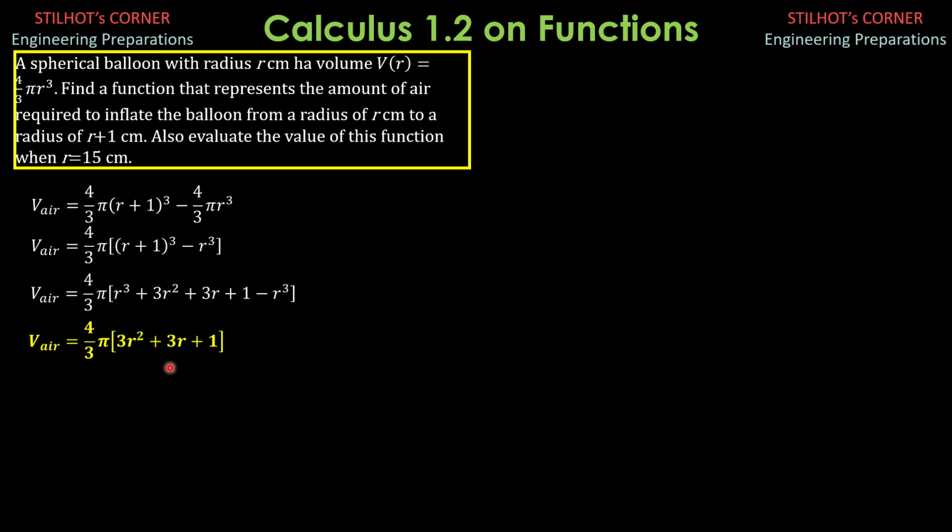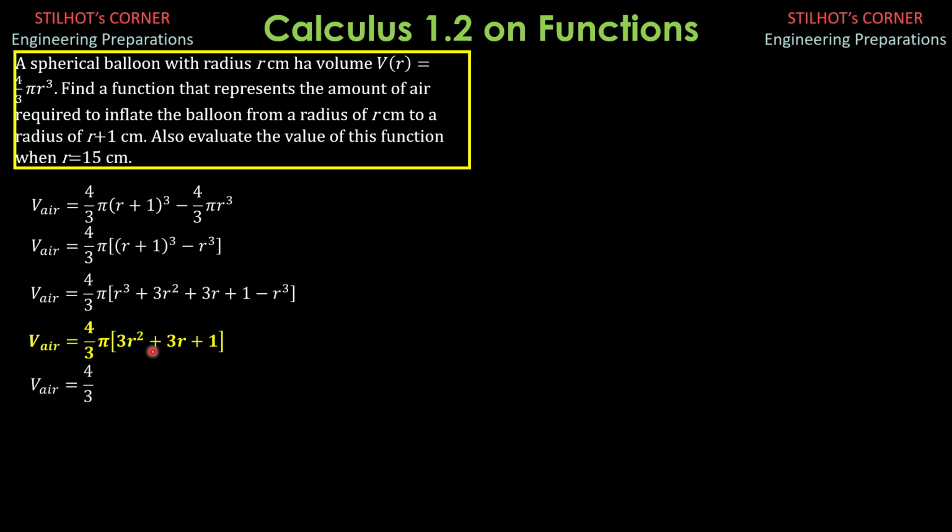Then for the second part, when the radius is 15, so that you will have an easy calculation. Let's substitute it here. So it is 4/3 pi times (15 plus 1, or 16, cubed minus 15 cubed). And we will also evaluate using this expression here.